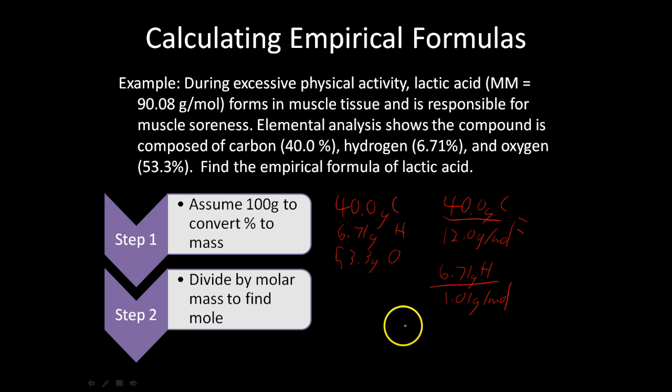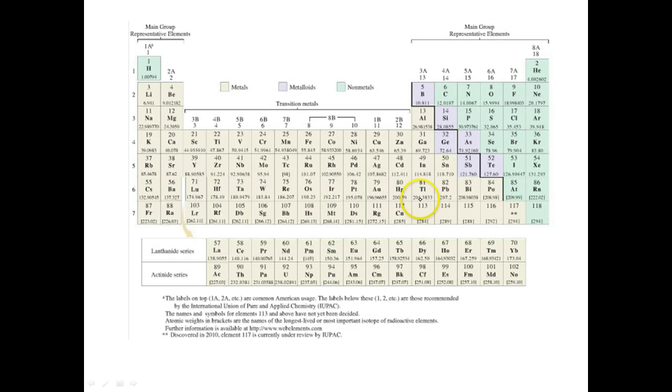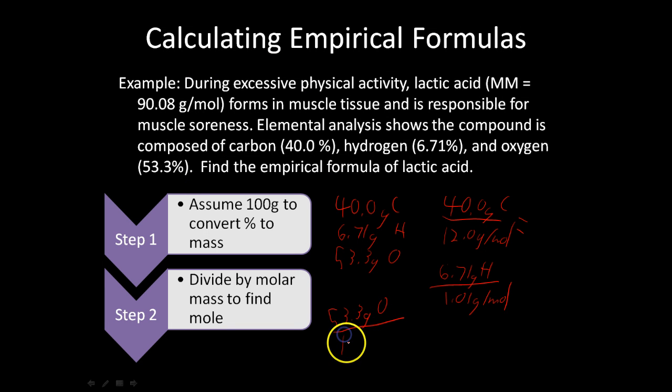And then finally for oxygen, 53.3 grams of oxygen divided by the molar mass of oxygen, which is 16.00 grams per mole. Notice what our units will be. Remember, this is in the denominator of a denominator, so it'll be numerator. The grams will cancel, so we'll just have units of moles.